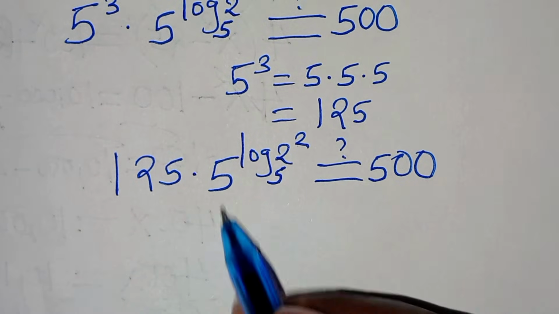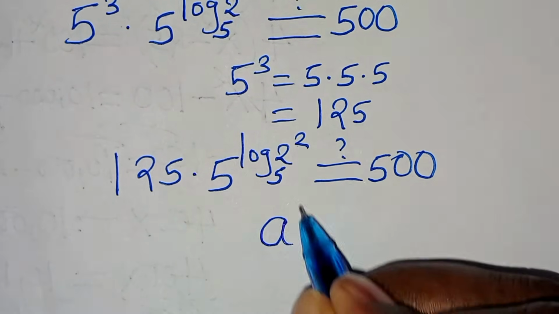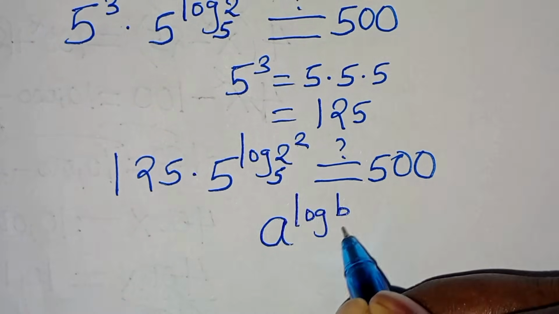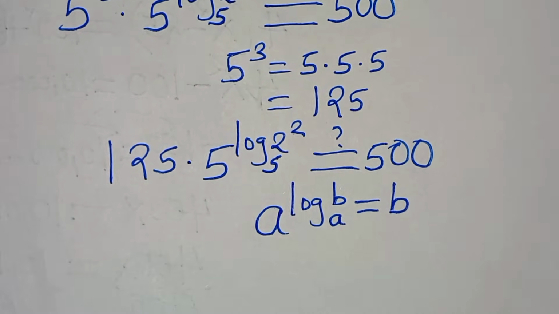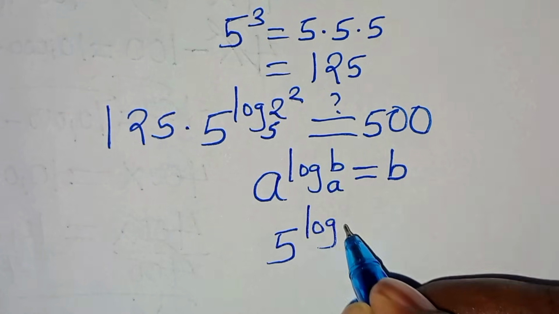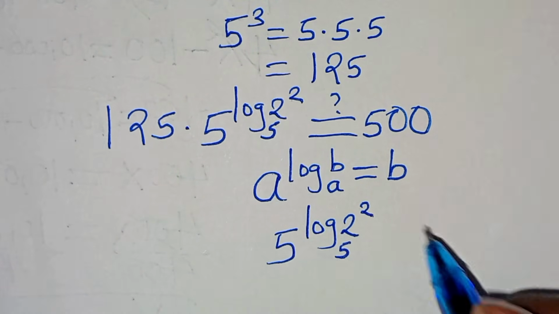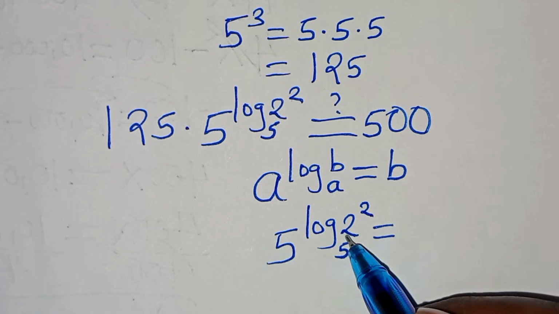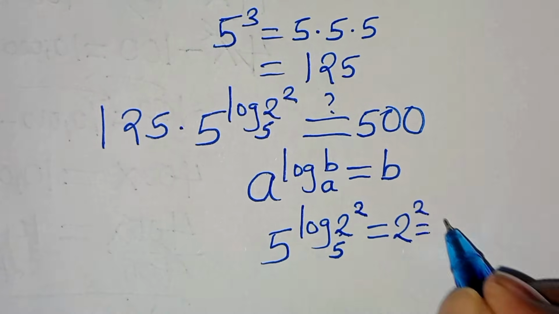Now 5 to the power of log 2 squared to base 5 is in the form of a to the power of log b to base a, which gives us a value of b. So this gives us a value of 2 squared, which is equal to 4.